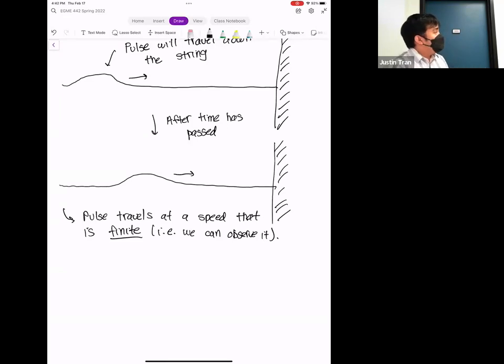All right, so there are some factors that affect the speed at which that pulse travels. Some of it has to do with the material properties of the string. If you use different string materials, it's going to cause the pulse to either travel faster or slower. Another factor that affects the speed is the tension in the string.